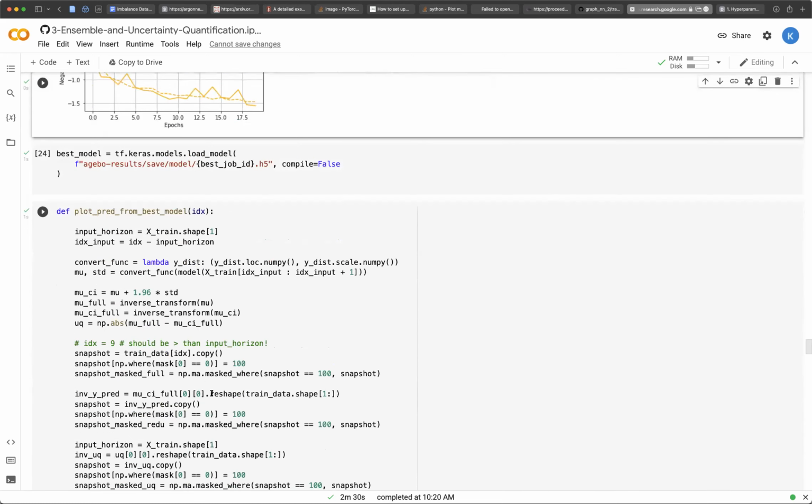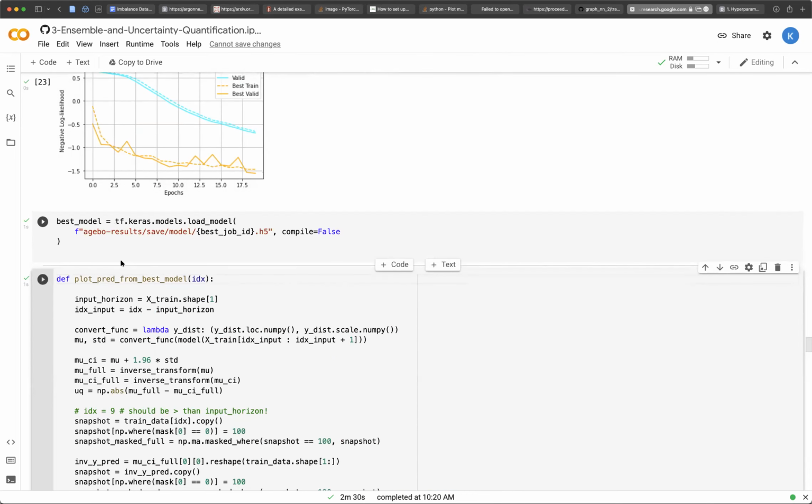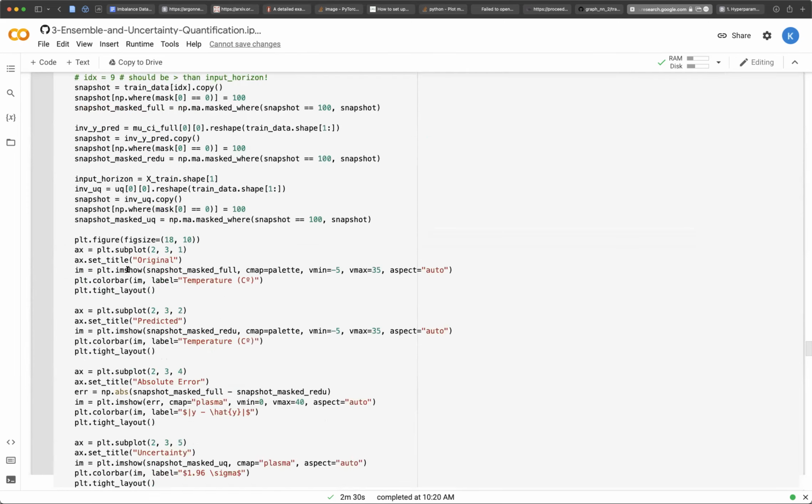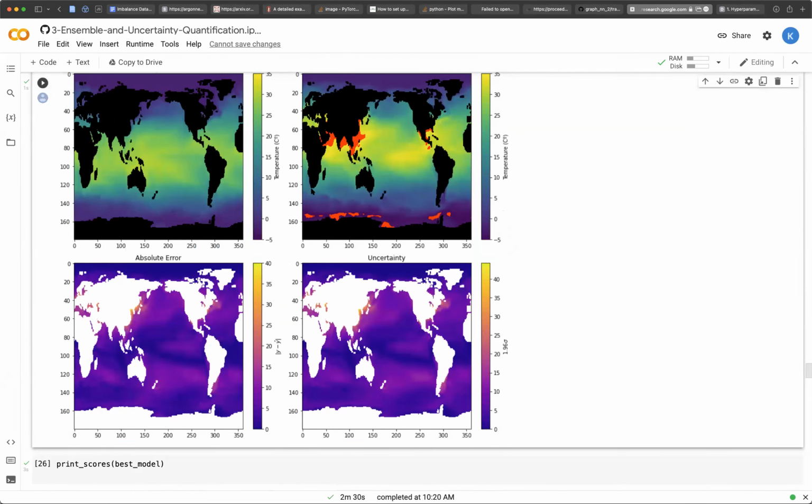Now we can use the best model and visualize the output itself. Because the model's output is mean and standard deviation, we have a natural estimate of uncertainty, with the assumption that you're using negative log likelihood to estimate this uncertainty.